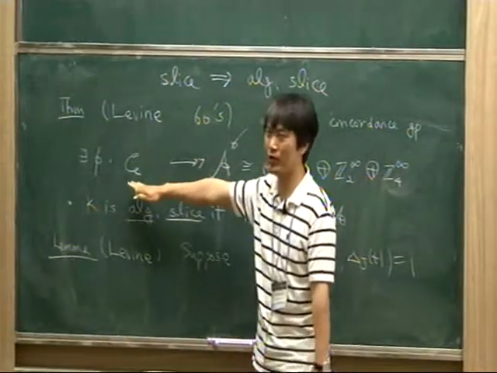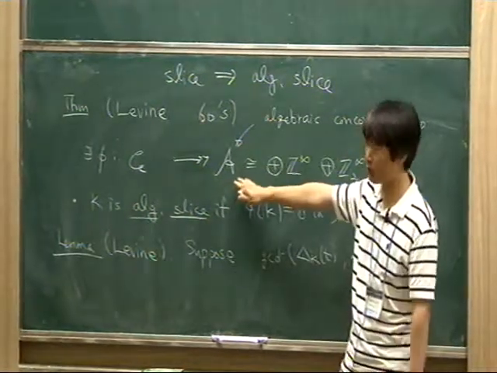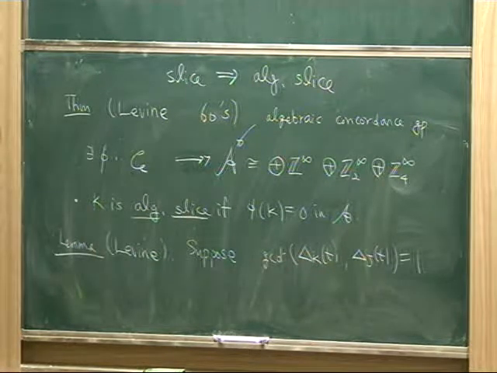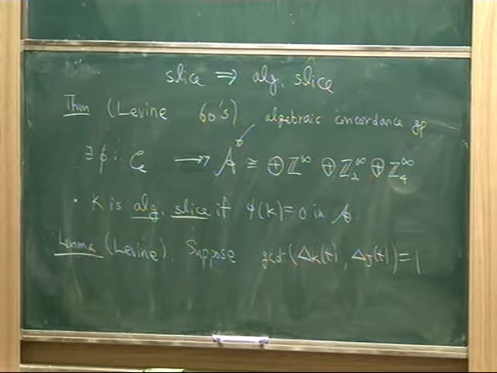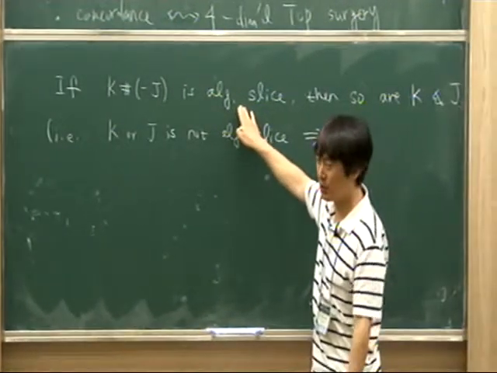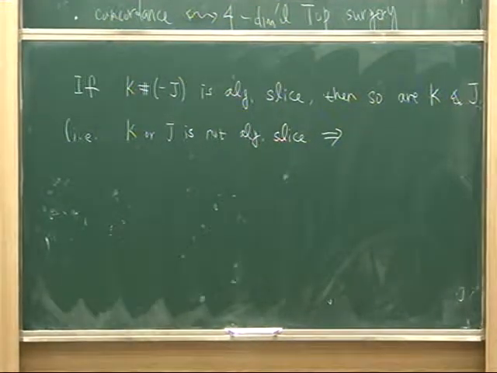Slice means it's a 0 in the knot concordance group, and algebraically slice means it's a 0 in the algebraic concordance group. So slice knots are algebraically slice because 0 is mapped to 0. So if one of these two knots is not algebraically slice, then the connected sum is not algebraically slice. And if it is not algebraically slice, then it is not slice either.